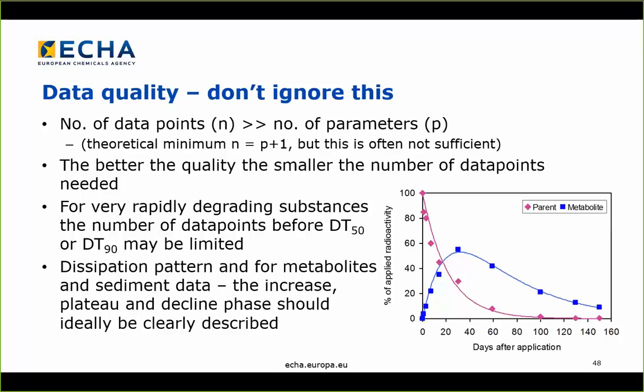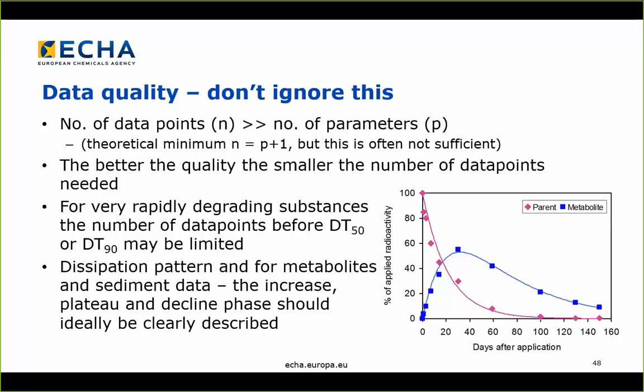So it's worth noting, for example, the OECD guideline on soil degradation indicates 6 data points should be taken as a minimum, and the CTAC guidance has 8. So the guidance that you're using to create the studies indicates more than the kinetic minimum, theoretically. And I do stress theoretically.